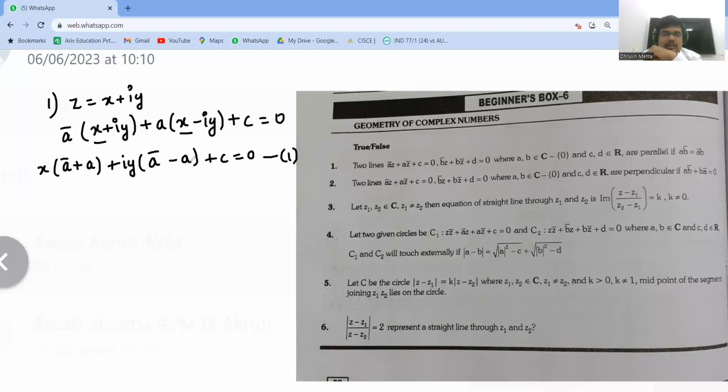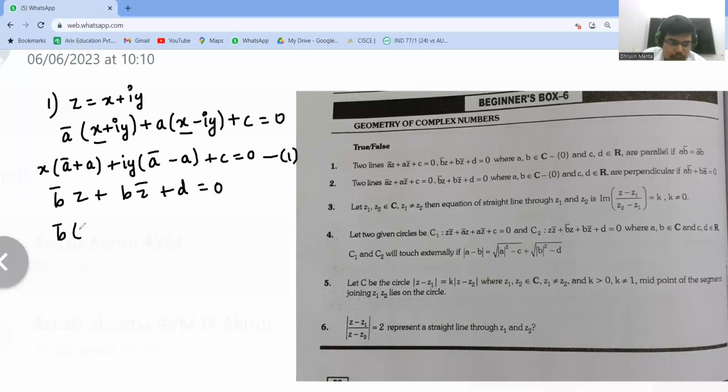And now we have to do the same thing with the second equation. तो जो second equation है, in that we have b bar z plus b z bar plus d equal to 0.